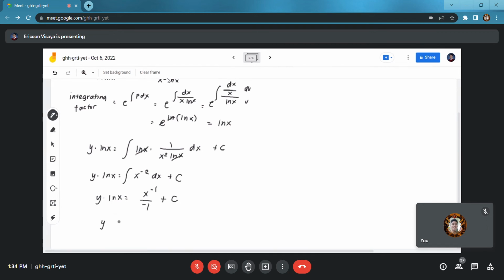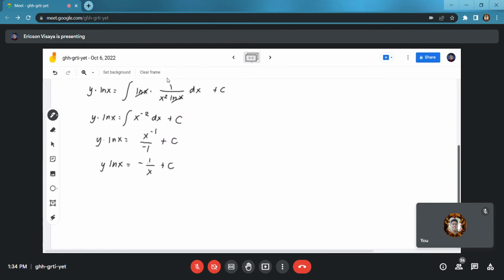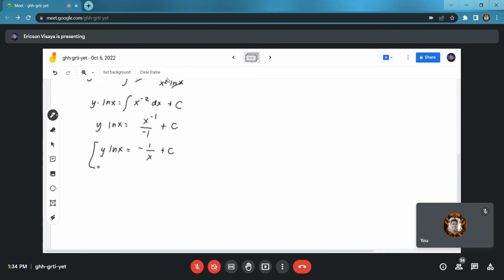So y ln x is equal to negative 1 over x plus c. Then we need the value of y, so we divide both sides by ln x. Y is therefore equal to negative 1 over x ln x plus c all over ln x.